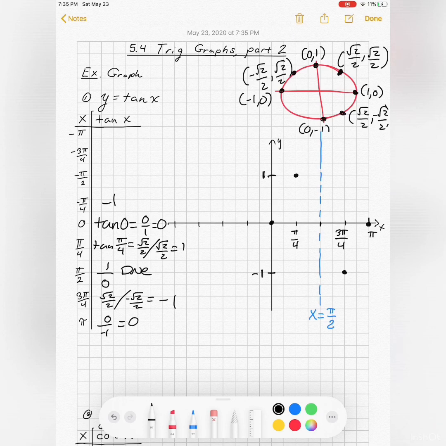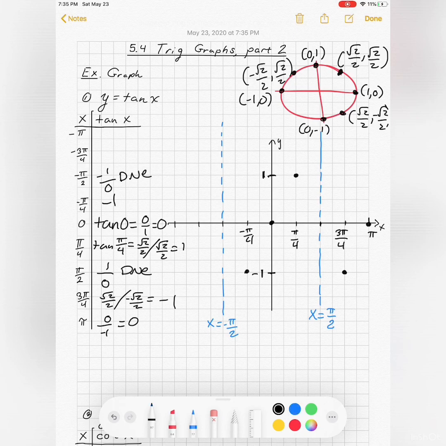Negative pi halves. Okay, do you see the pattern?